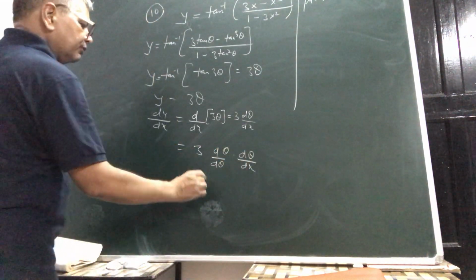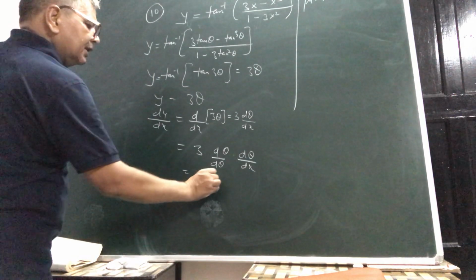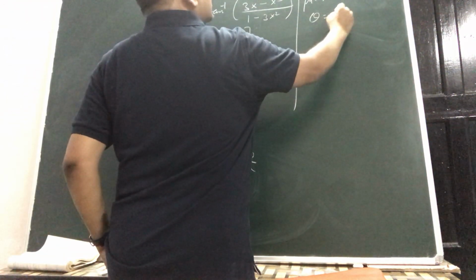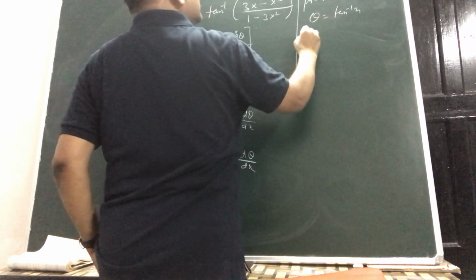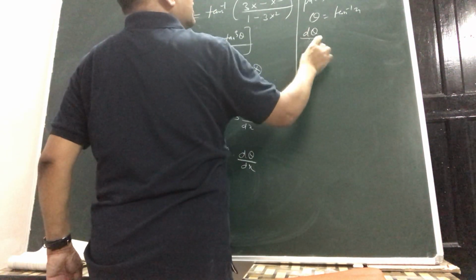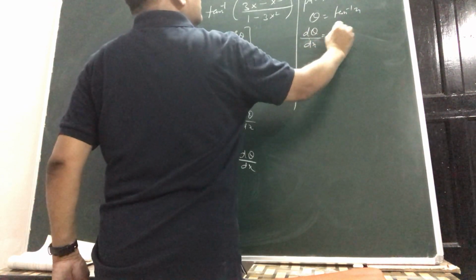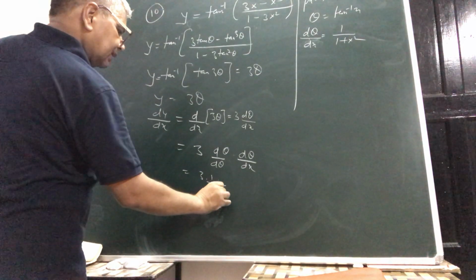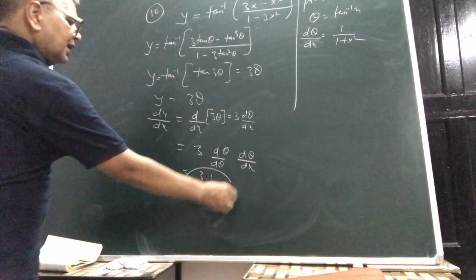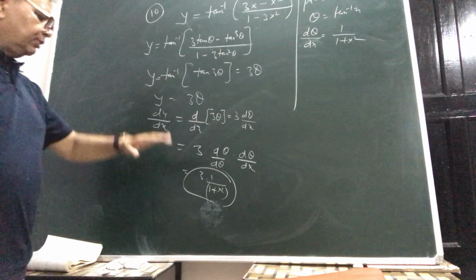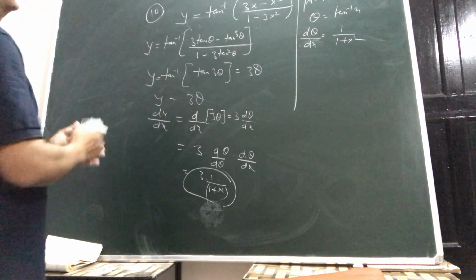Okay, you apply the chain rule. So this is 3 into 1, and d theta by dx you get from here because theta is tan inverse x, so d theta by dx is nothing but 1 upon 1 plus x square. So this is 3 upon 1 plus x square. This is the answer. So this is how you would do these types of questions.